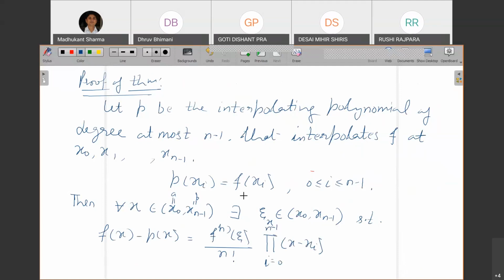Earlier you had n plus 1 points. Now you have taken n points, so you have the nth derivative here.